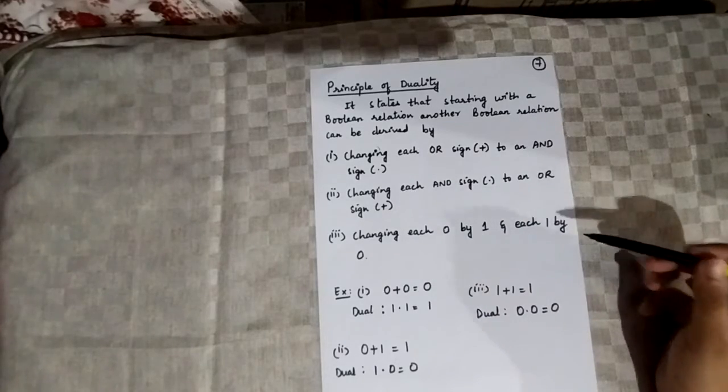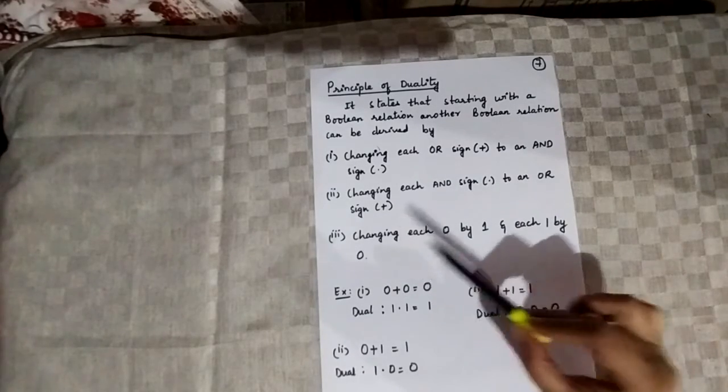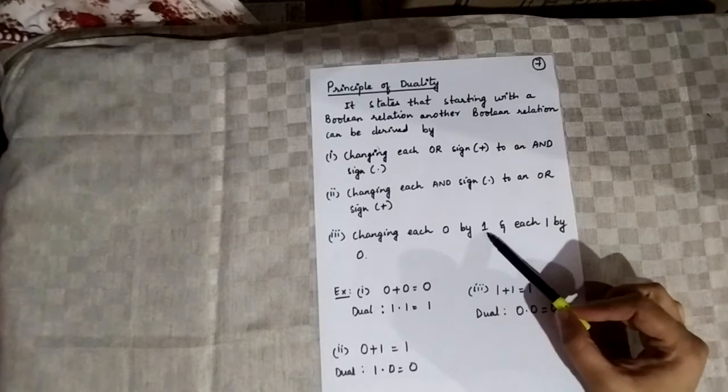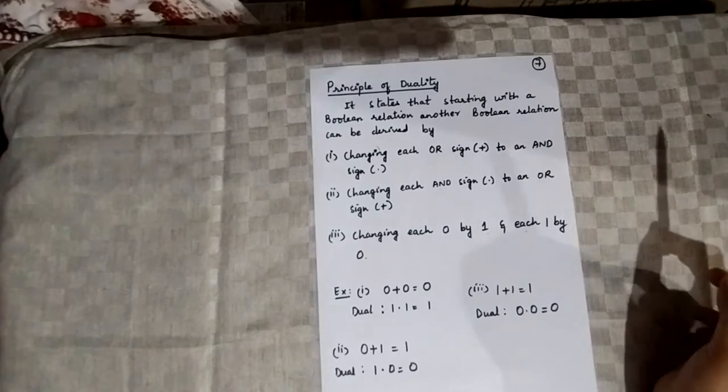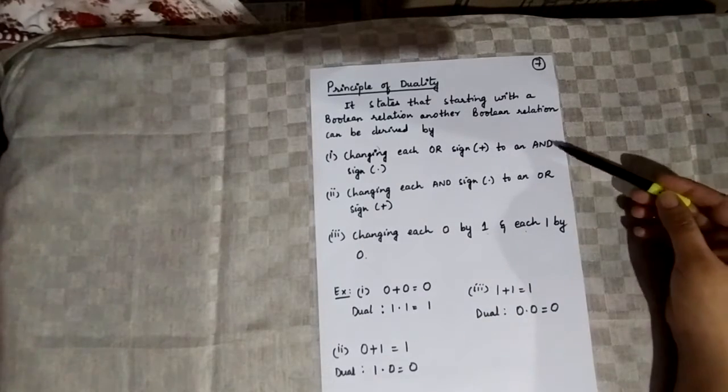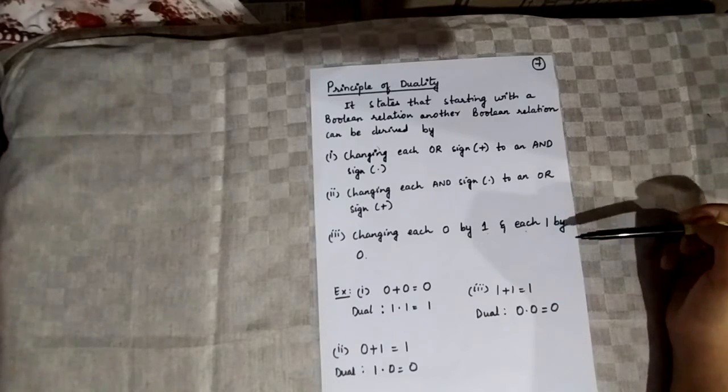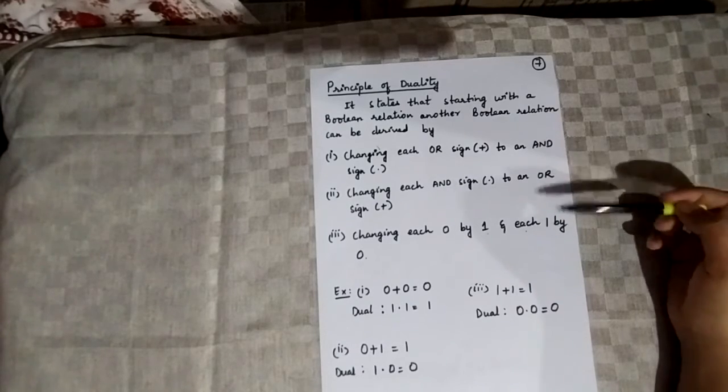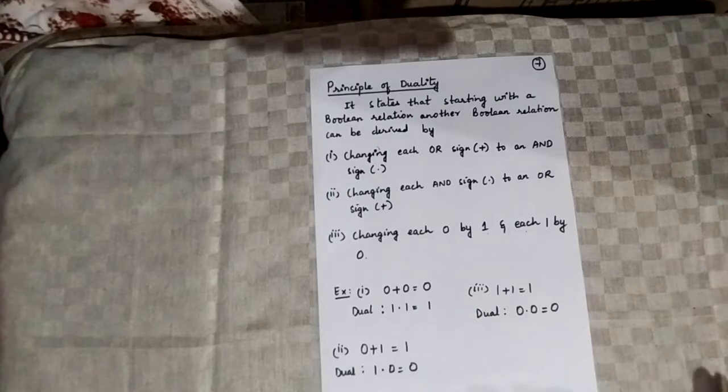And the third rule says changing each 0 to 1 and each 1 to 0. So these are the 3 important rules which will help us get the dual form of a Boolean relation. That is, from one particular Boolean expression we can derive another Boolean expression.